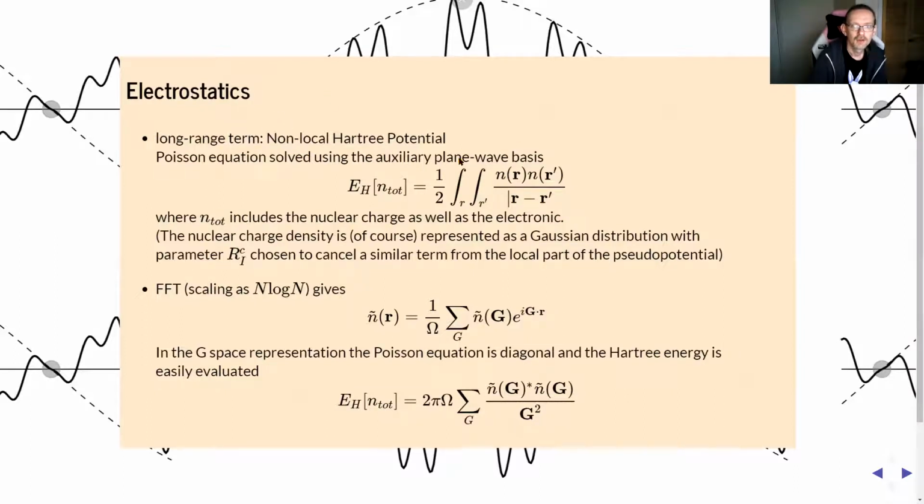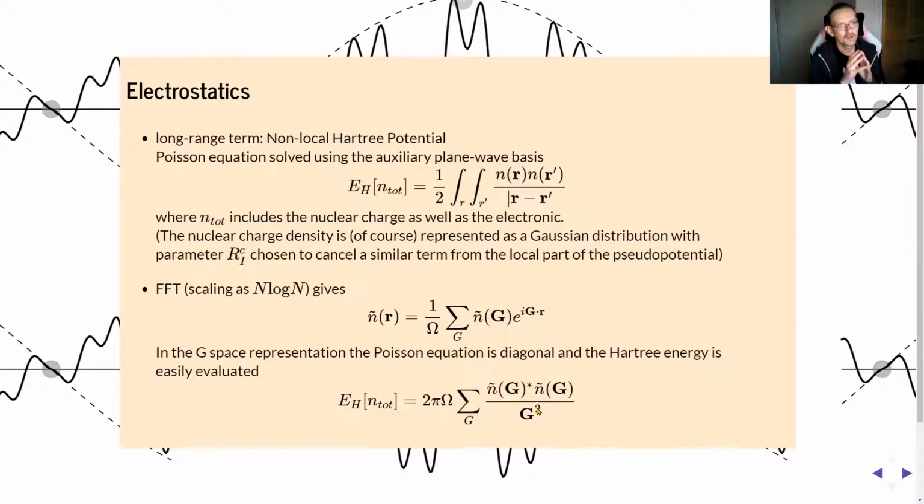So you convert from an energy expression using the Gaussian functions to an equivalent representation of the density in plane wave basis, and then we do a Fourier transform on that density, and you can calculate the Hartree energy because the Poisson equation for the potential coming from the density is diagonal in terms of the plane wave basis set. So that's a standard thing.